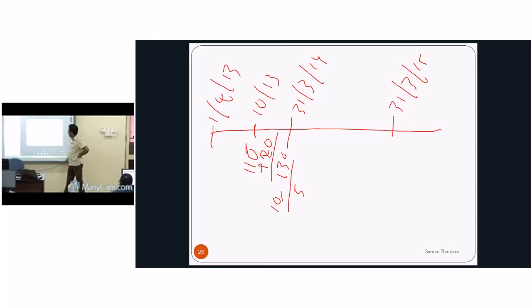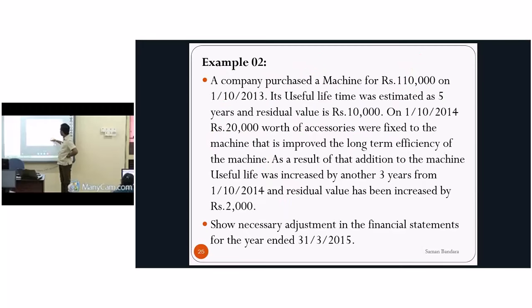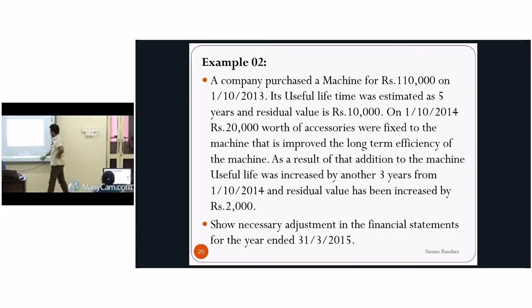Useful lifetime is 5 years. Then somewhere here in the middle of the year, I made a mistake. Accessories were fixed on 1st October 2014, sorry.